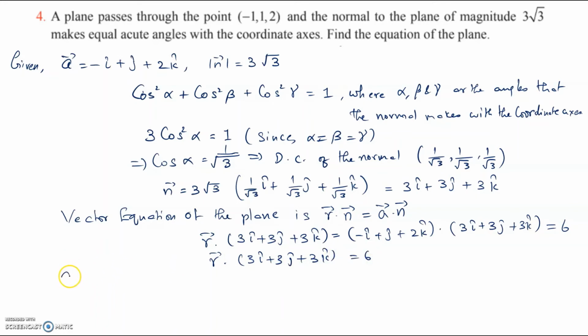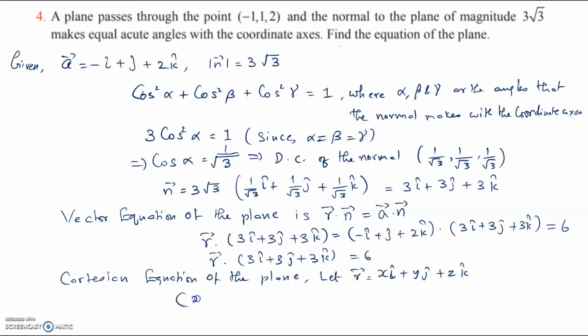Then the Cartesian form of the equation of the plane will be obtained by substituting. Let r = xi cap + yj cap + zk cap, then replacing it in our vector dot product with 3i cap + 3j cap + 3k cap equal to 6.